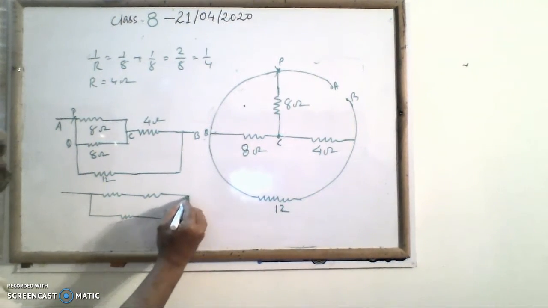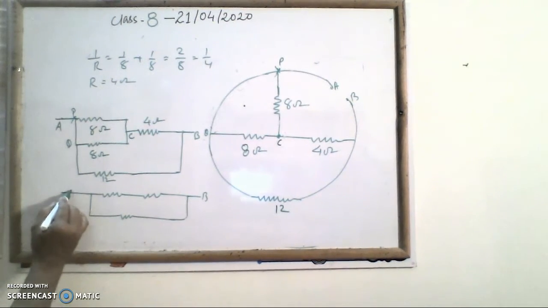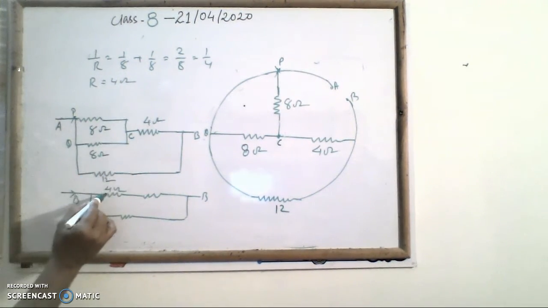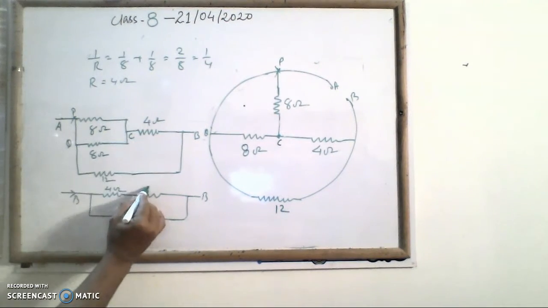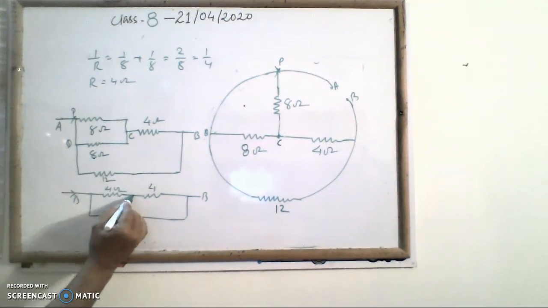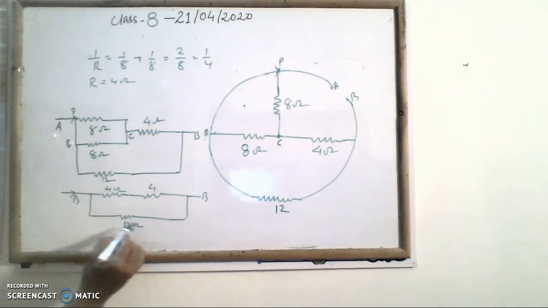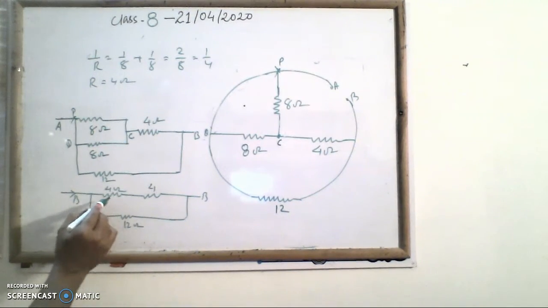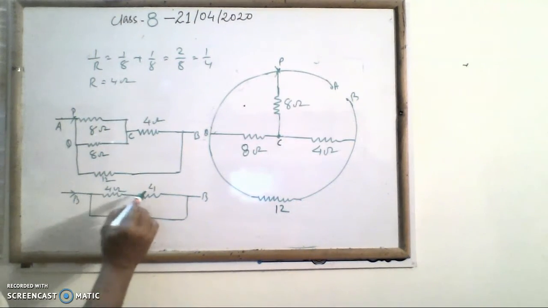So the next modified circuit will be like this. This is 4 ohm. Out of 8 and 8, you are getting 4 ohm. This is 4 ohm. This point is C, and this is 12 ohm. So 4 ohm and 4 ohm are in series, so they will be combined together to give 8 ohm.